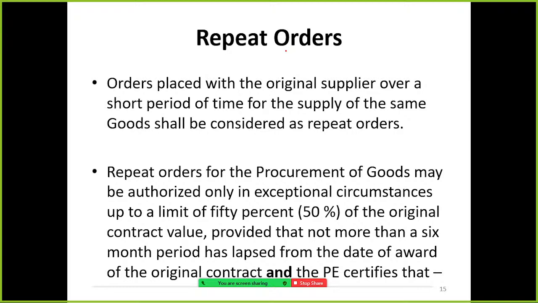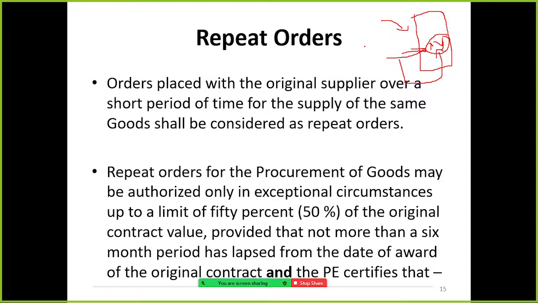Repeat order means that, already by following the procurement procedure and obtaining quotations, they have chosen a particular supplier to purchase a particular item, and within a short period the purchased quantity is not enough, so they can reorder.